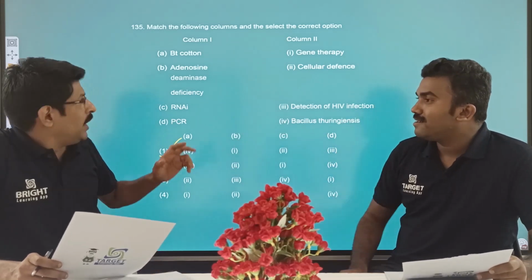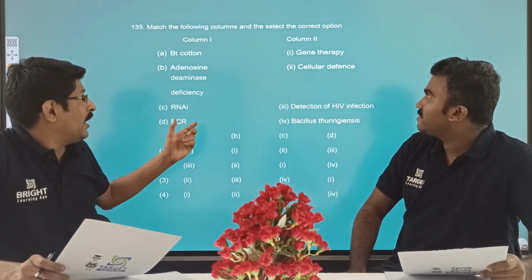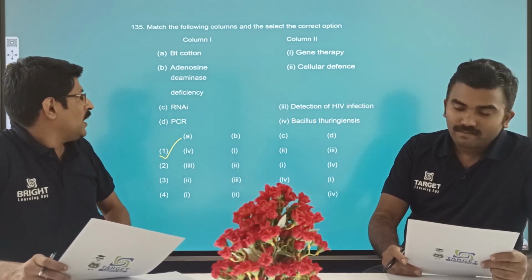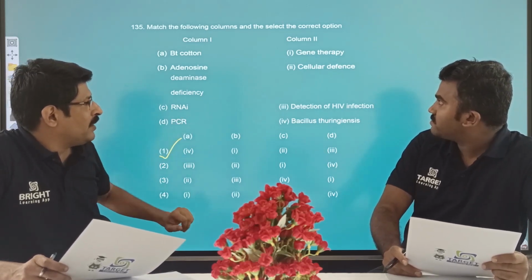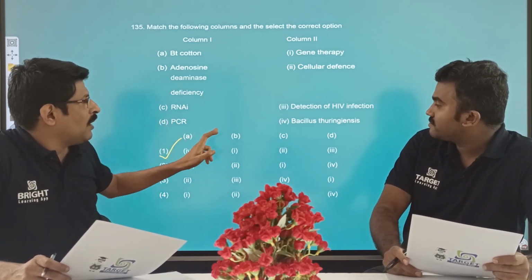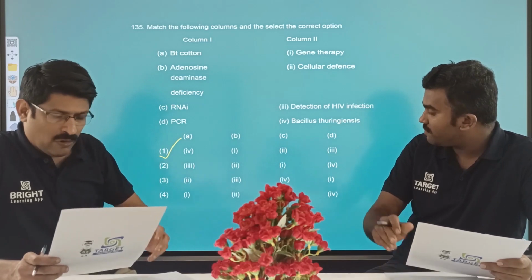Adenosine deaminase is related to ADA deficiency, related to gene therapy, the first gene therapy. RNA interference is with cellular defense. PCR for the detection of HIV is also a diagnostic technique. So the answer is the first option.